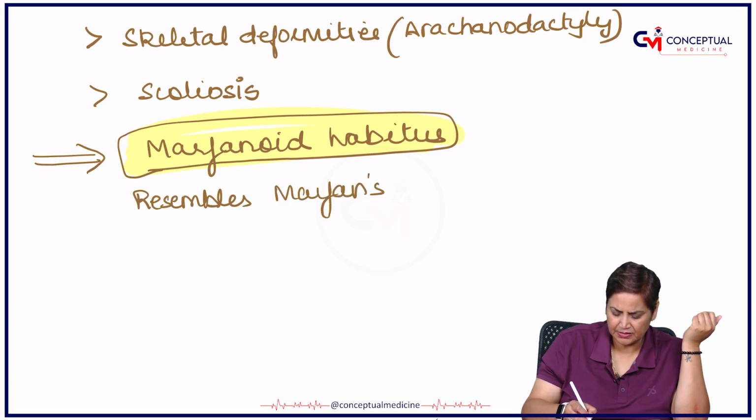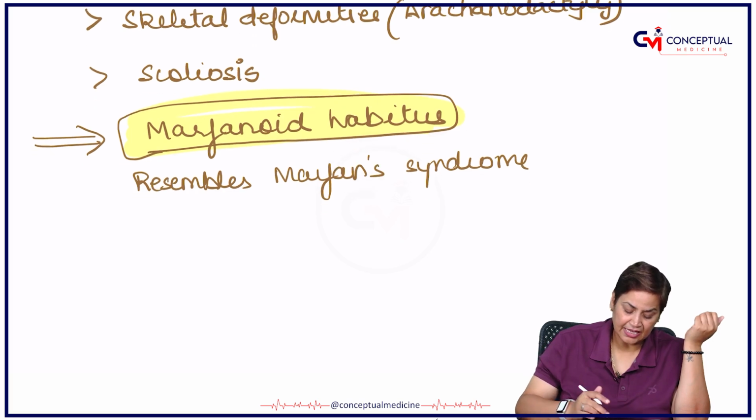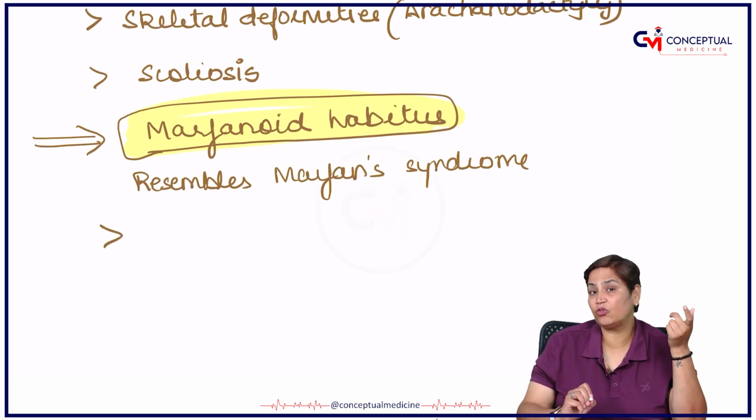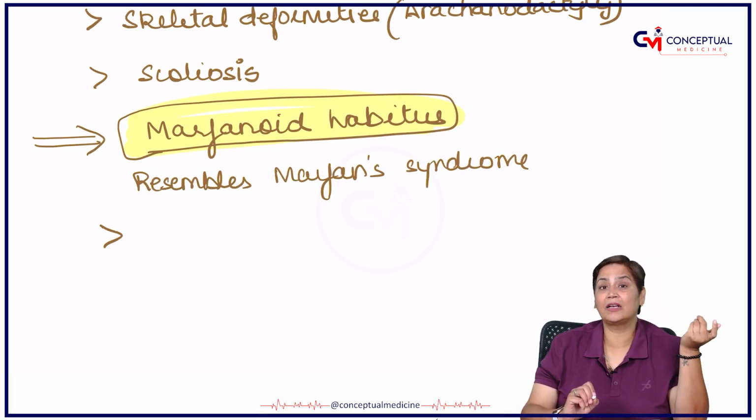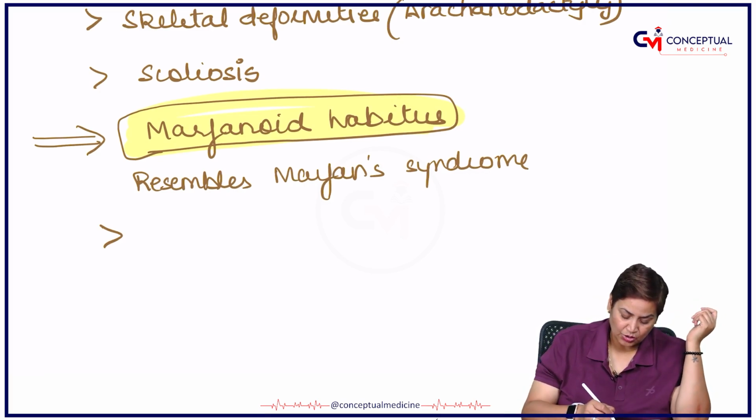Another feature is, since there is an increase in the concentration of homocysteine, I told you homocysteine is considered to be a marker of MI also, so it leads to thromboembolism.